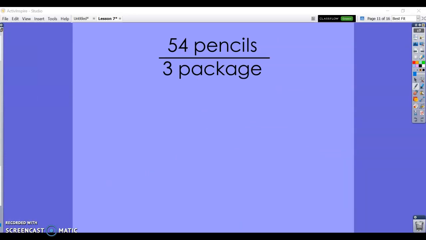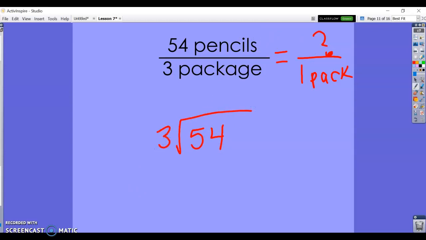If I have 54 pencils in 3 packages, I want to know how many pencils come in 1 package. So I want to know in 1 package, or 1 pack of pencils, how many are in that pack. All right, so I'm going to take my 54 pencils and I'm going to divide it by 3 packages. I know that 3 goes into 5 one time, and 3 times 1 gives me 3.